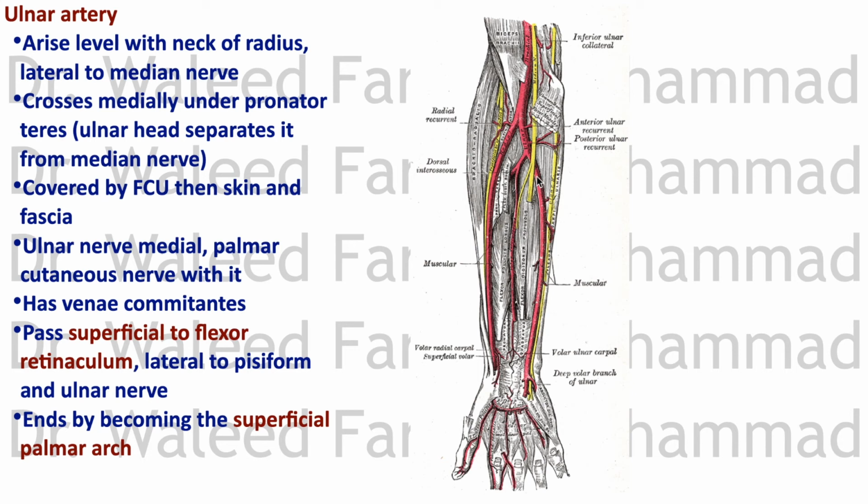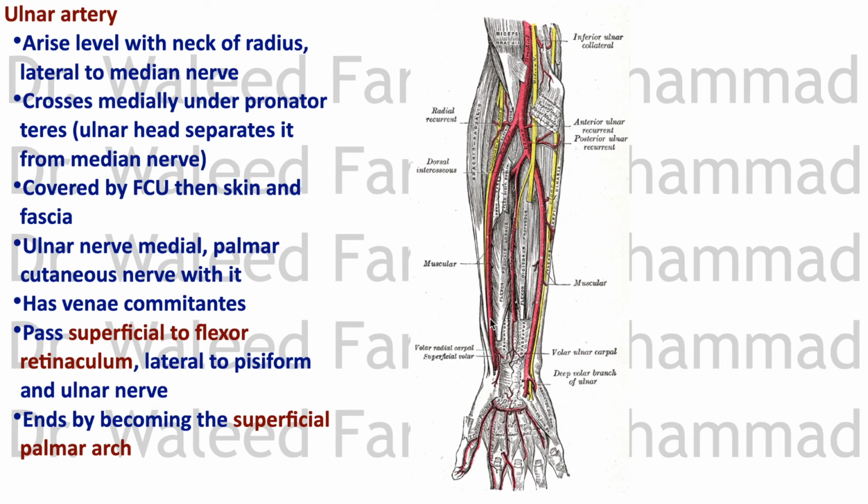Also, it was covered by muscle and then emerged from the side of the tendon of the muscle, where you can feel the pulse also, but not as clear as the radial artery. The ulnar nerve is medial to it, and the palmar cutaneous nerve is with it.